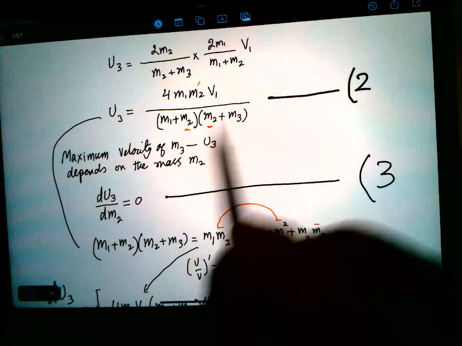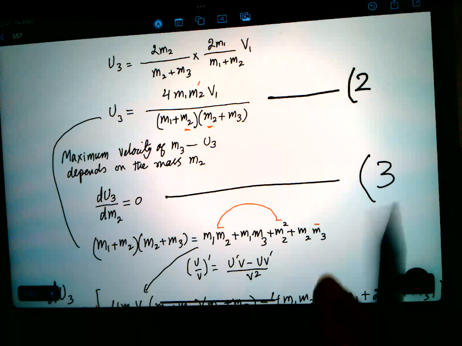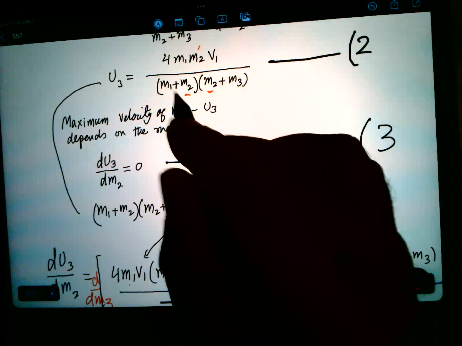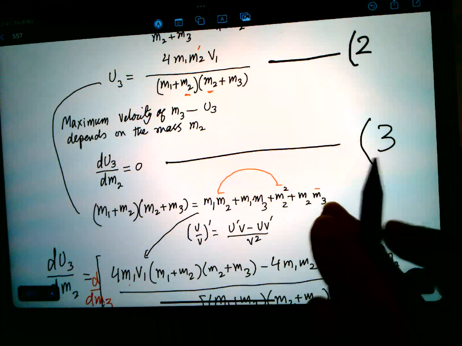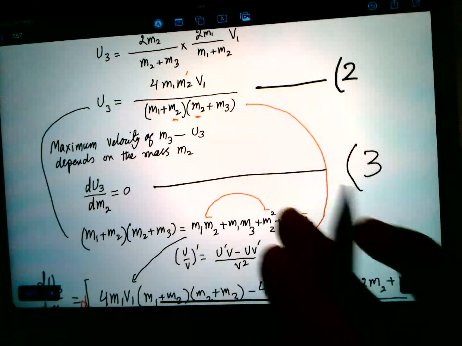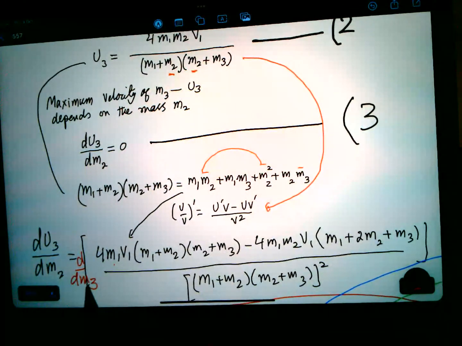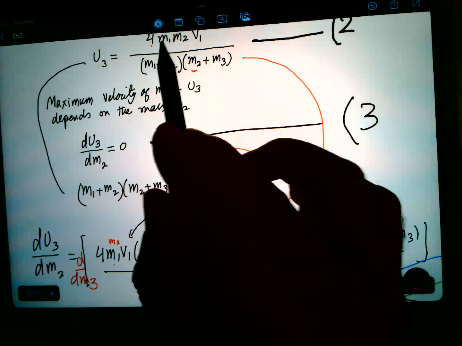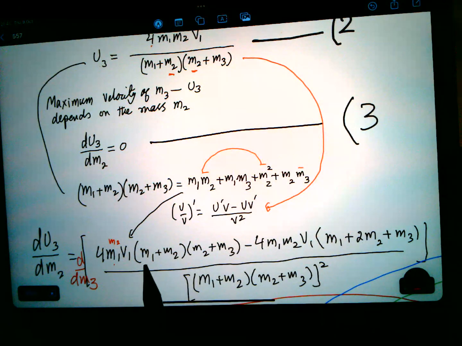These are the two terms, a multiplication, so we use the quotient-style differentiation: d u3 by d m2 of 4 m1 m2 v1 over the product of the two brackets.